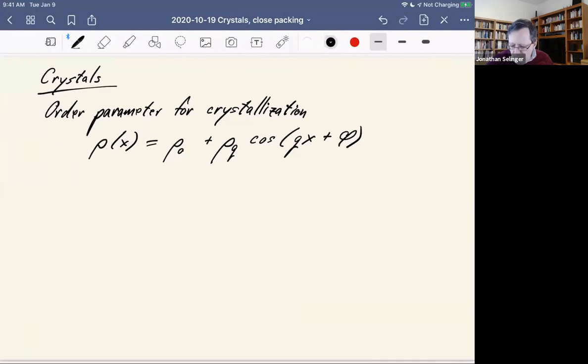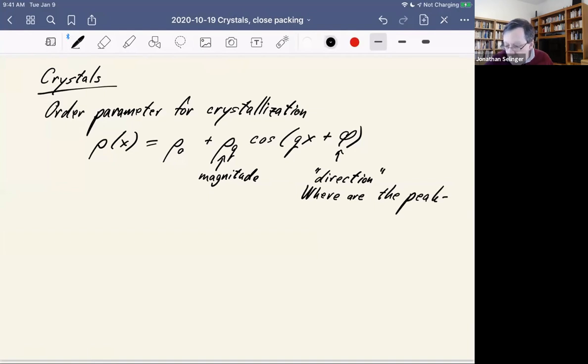So this rho q is the magnitude. And this is what we could call the direction. That is, where are the peaks. It's the arbitrary choice that is made when going from the liquid to the crystal phase.